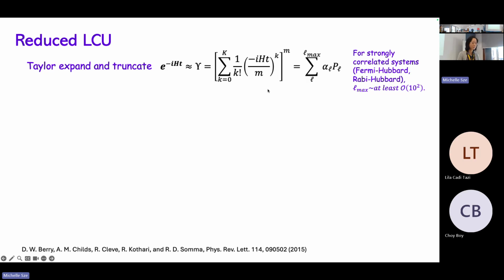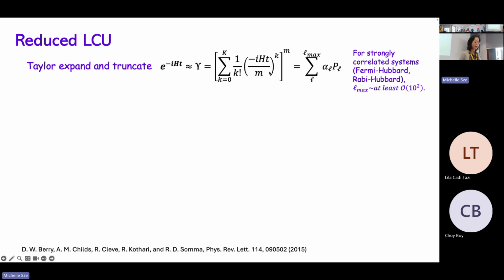You have to do this because we're going to truncate this Taylor expansion at some point, and without a small time parameter here, the cutoff would have to be very large. So this small time here is necessary.